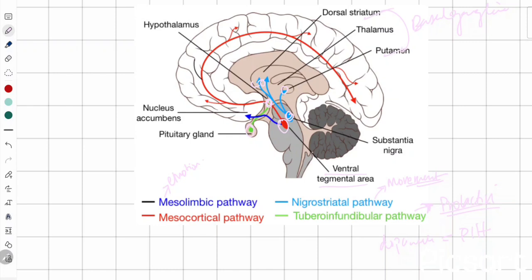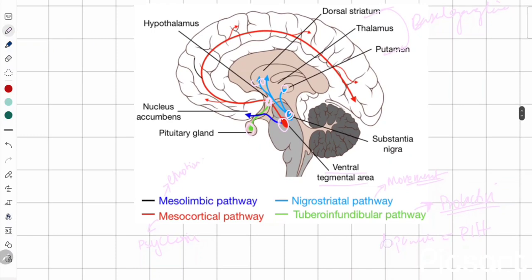Then we have the mesocortical pathway, and if this pathway is damaged, or there is a chemical imbalance in it, we're going to have psychosis. This is from the ventral tegmental area to the cortex. Mesolimbic is to the limbic system, and mesocortical is from the ventral tegmental area to the cortex.